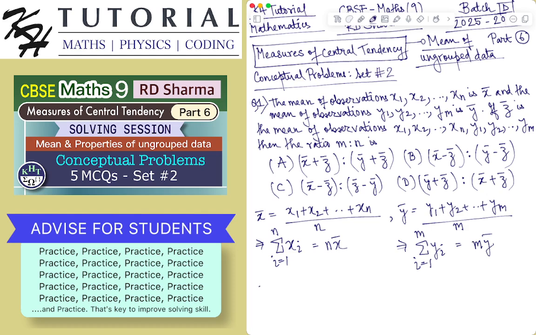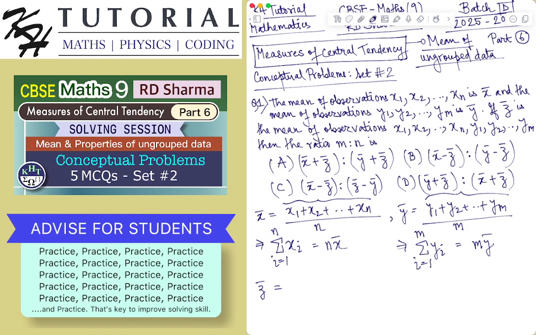Now, what is z bar? Z bar is the mean of all these observations x1 to xn and then again y1 to ym. If you combine the observations x1 to xn and then y1 to ym, z bar is the average of that combined observations. Now, how many observations are there?